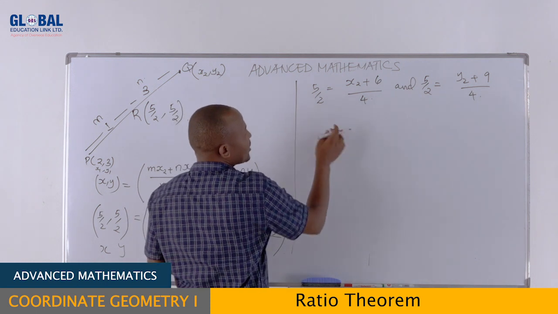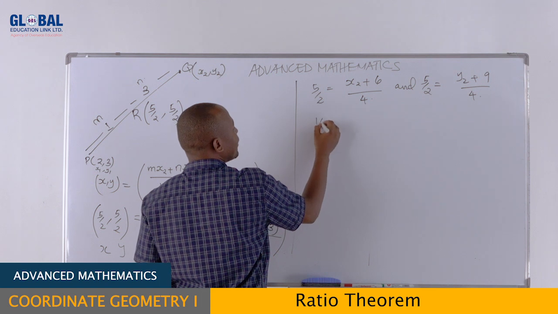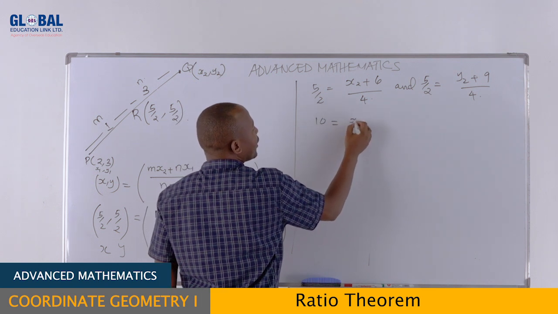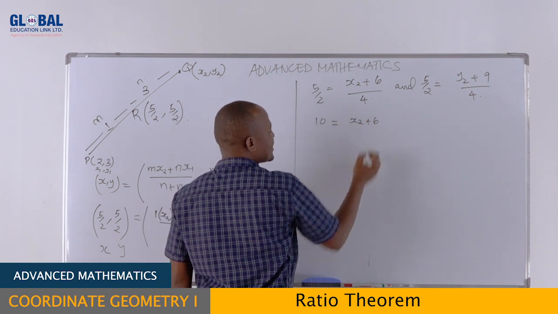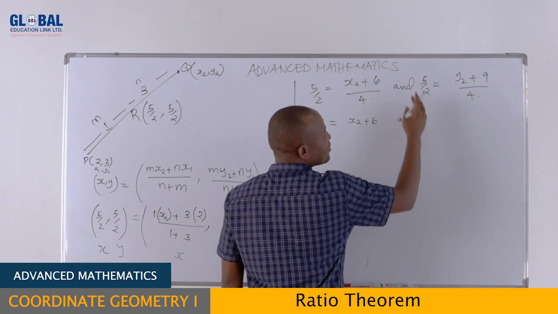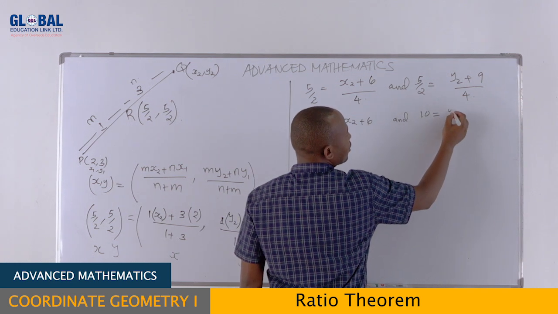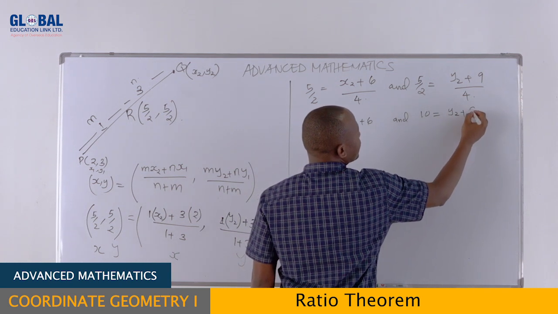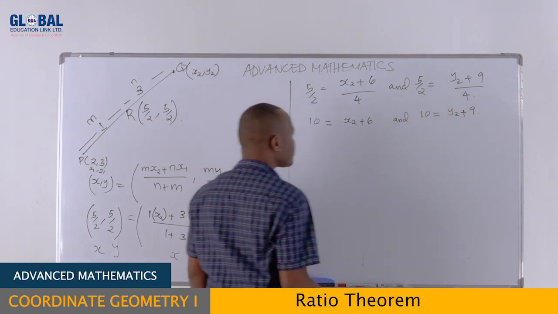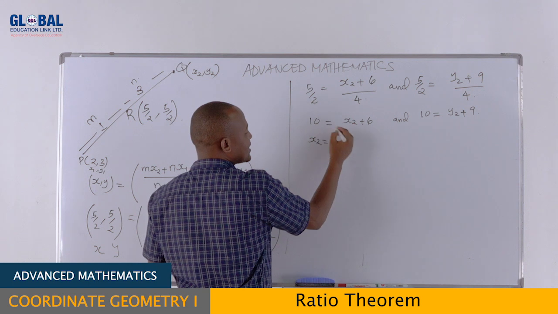Now let's multiply by 4 throughout, and multiplying by 4 there, it will be 10 equals x2 plus 6. On that side, multiplying by 4 again, it will be 10 equals y2 plus 9. And let's find the value of x2. It will be 10 minus 6.